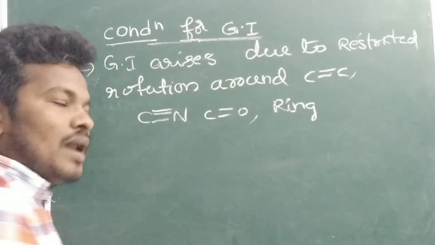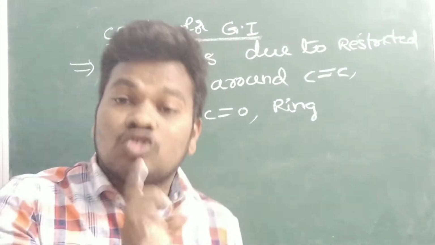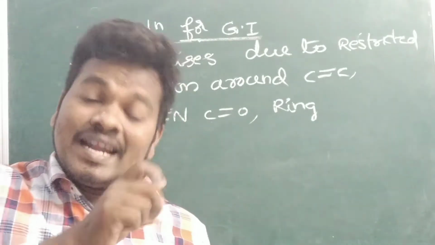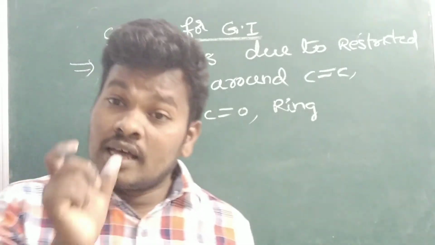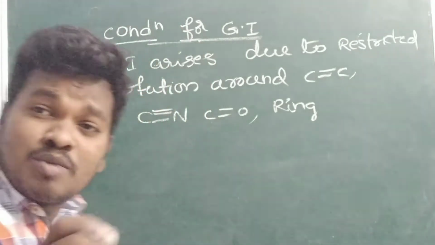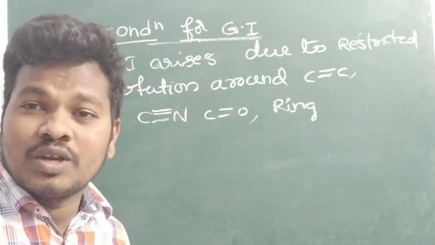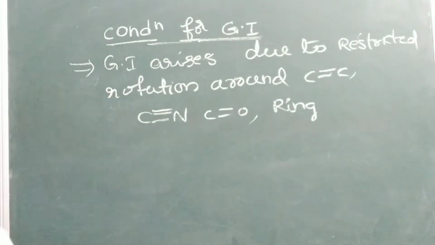That means a double bond should be there, or a ring should be there. What is meant by restricted rotation? By taking an example we will discuss.